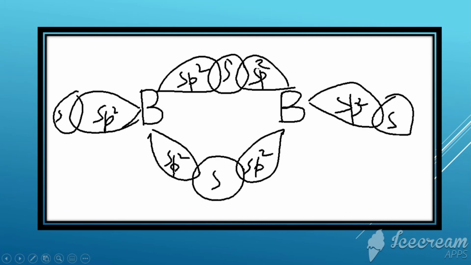They say that boron has 3 sp2 orbitals and this boron having this sp2, that is 2 sp2 and 1 s orbital, 3 orbitals overlap at a time with each other. That s orbital will overlap with sp2 of that boron and sp2 of this boron. Therefore they will complete their octet.